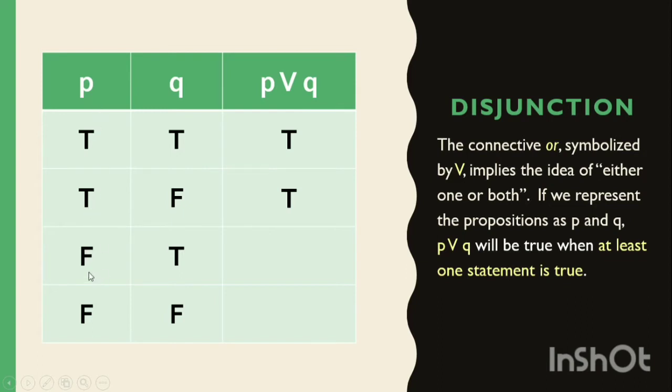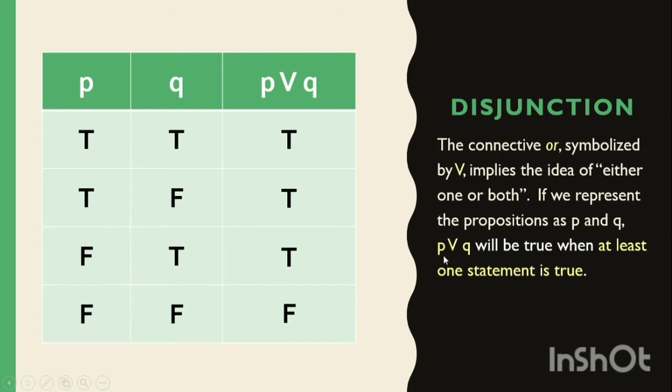The next one, we have P is false, Q is true. The whole statement P or Q will still be true because one of them is still true. And the last possibility, we have P is false, Q is false. So the statement P or Q will be false because none of the statements are true.